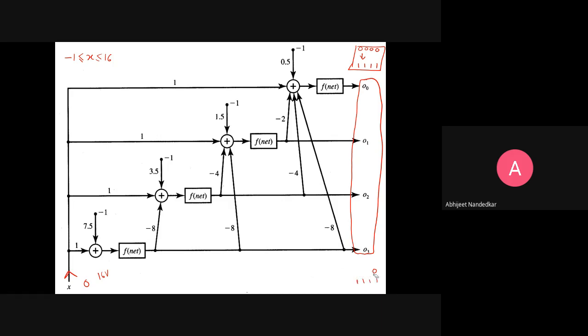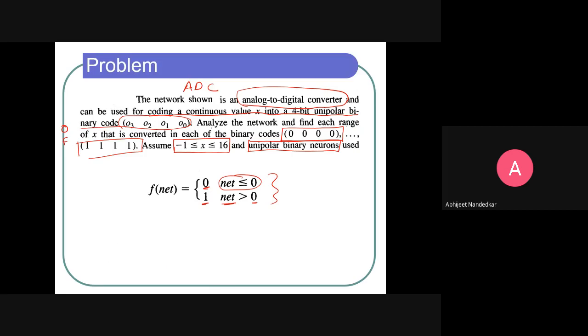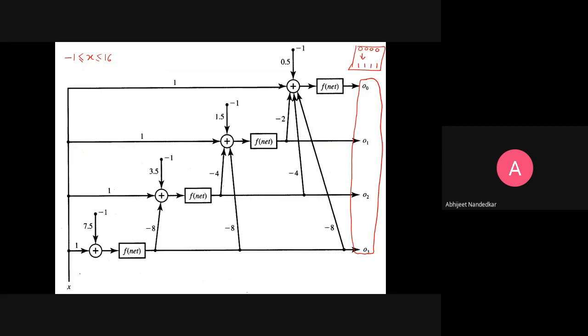Now our task here is to verify this ADC concept, and we have to find out for what range of input voltage these different codes are generated.